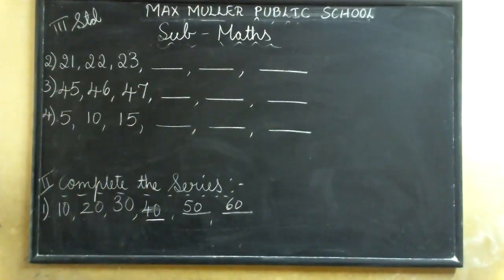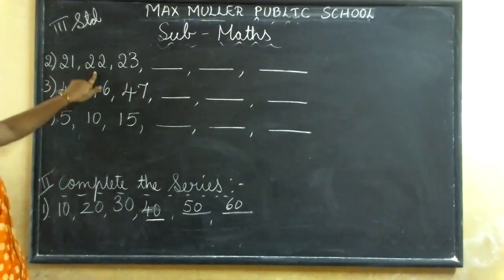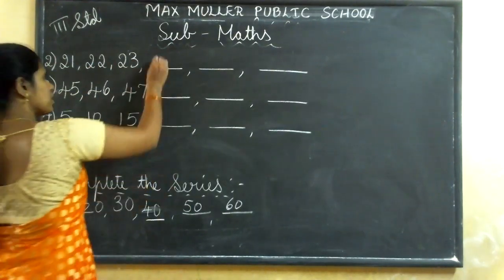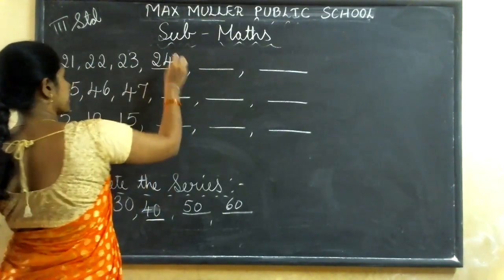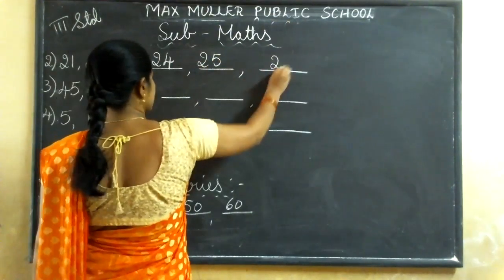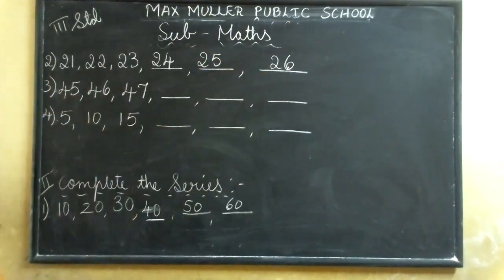So complete this one. You now know how to write. See here, 21, 22, 23. Next, which number are you going to write? 24. Next, 25. Next, 26. 21, 22, 23, 24, 25, 26.